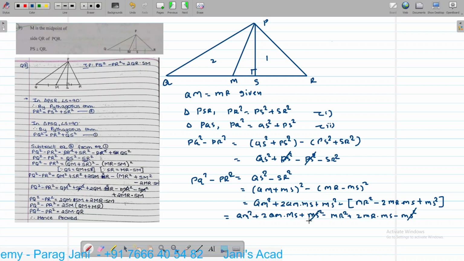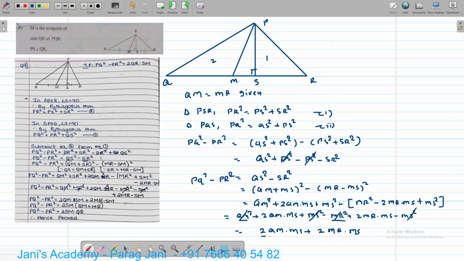MS square cancels, so you are left with QM square and MR square. Since QM is equal to MR, that also you can cancel, QM square and MR square. You are left with 2 QM dot MS plus 2 MR dot MS.